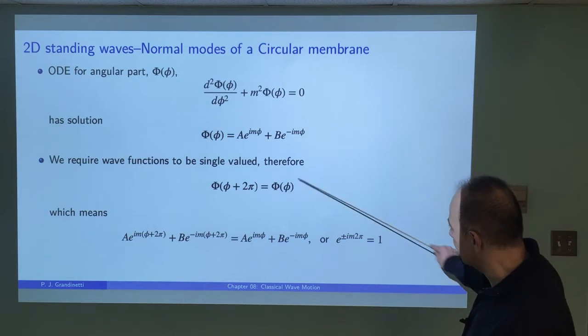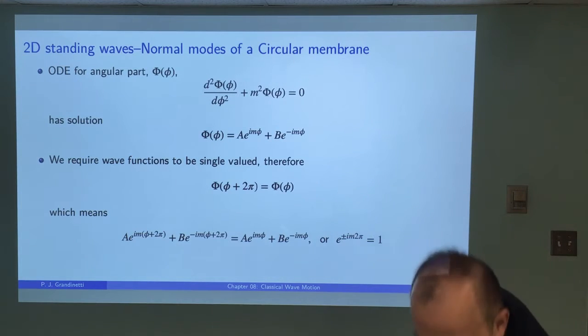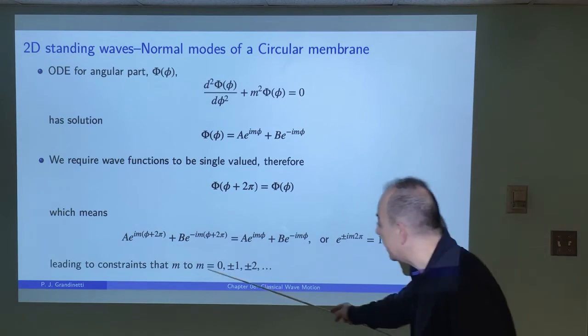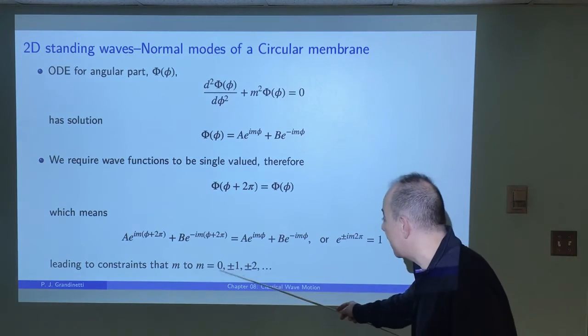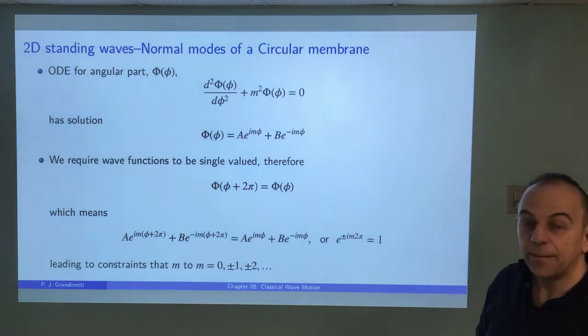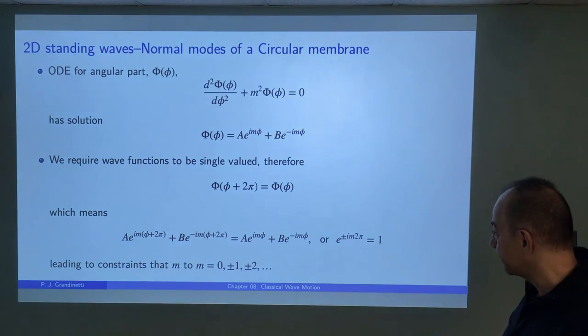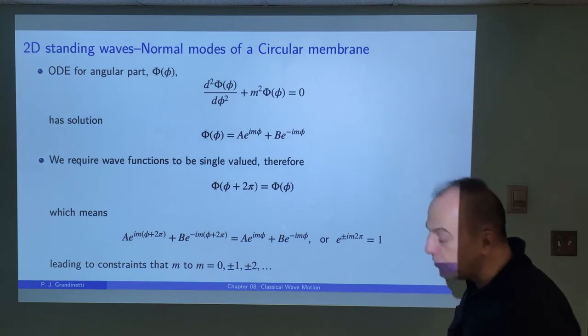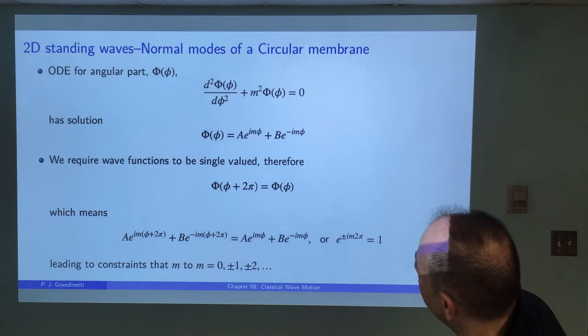This constraint, which follows from that constraint, means that we can only have integer values of m. m can only be values of 0, plus or minus 1, plus or minus 2, and so on. All right? Okay, so that's what we find for the solution for the angular part.